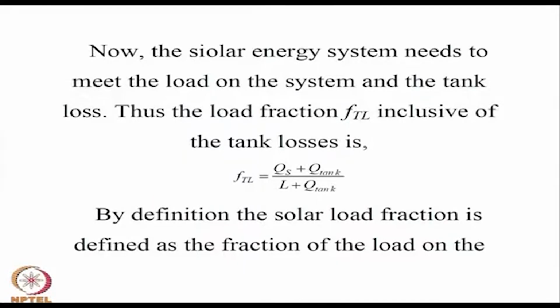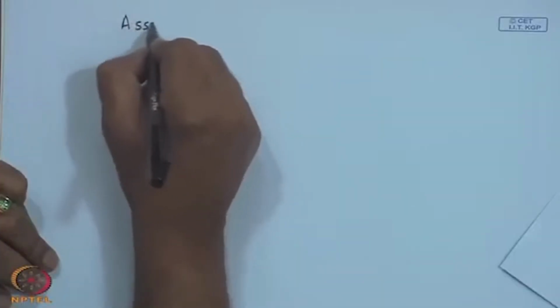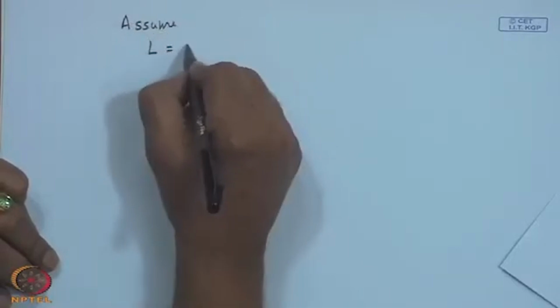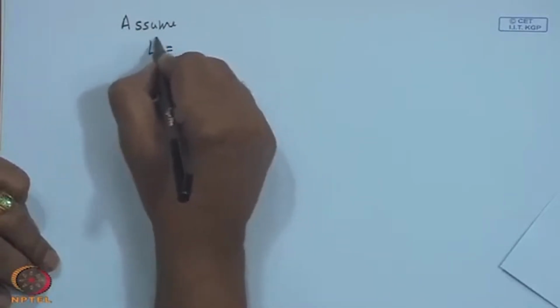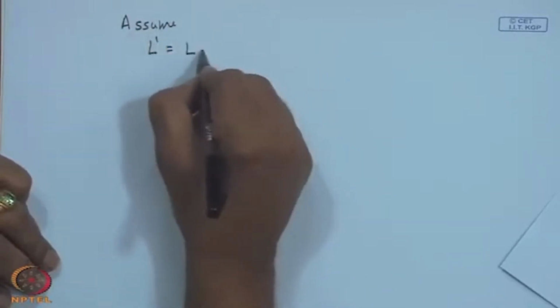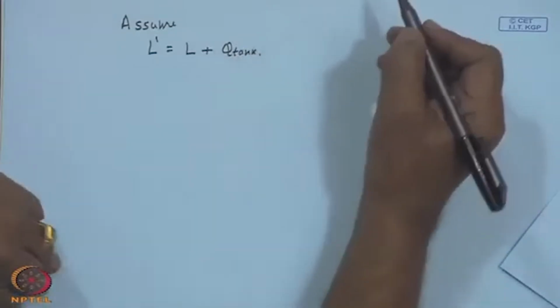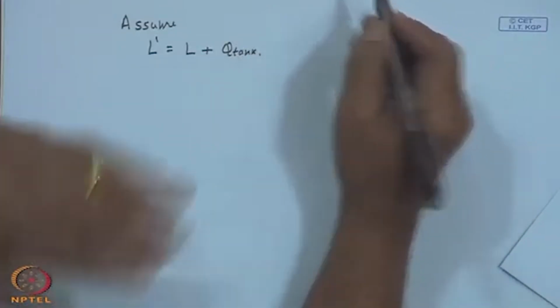So, what I shall do is assume load now will be equal to L plus Q tank. The effect of the tank loss, as far as the solar energy system is concerned, it looks like an additional load.